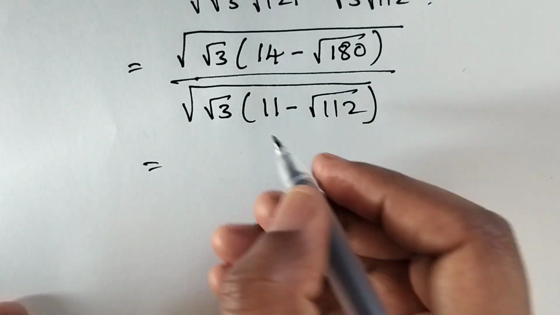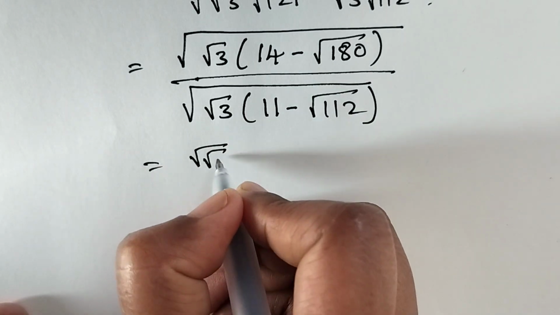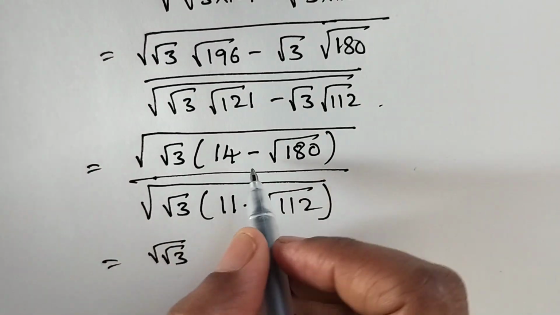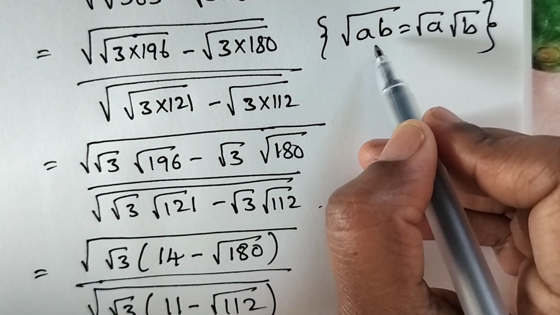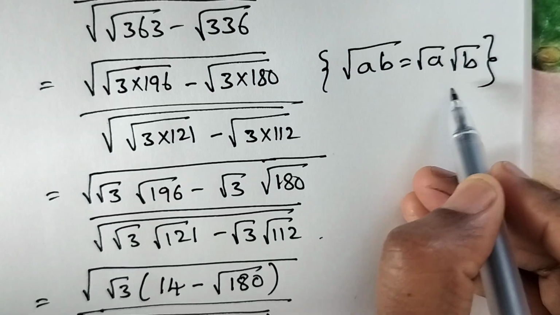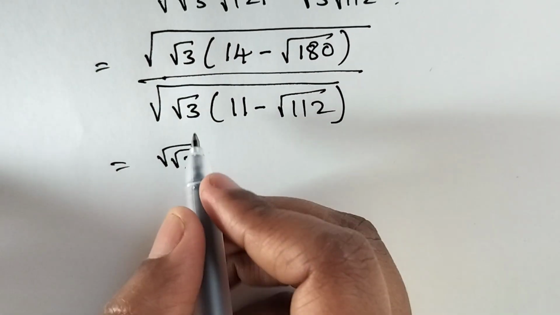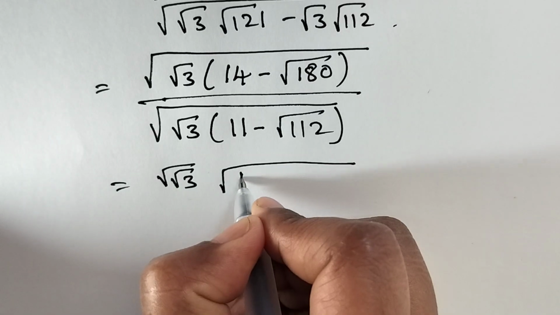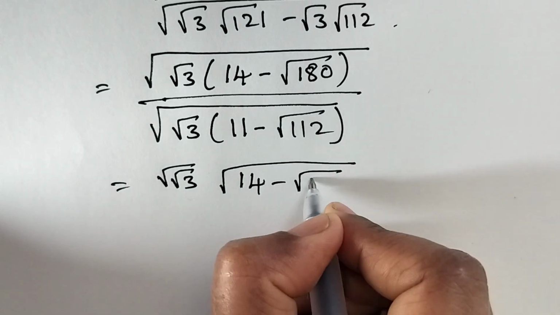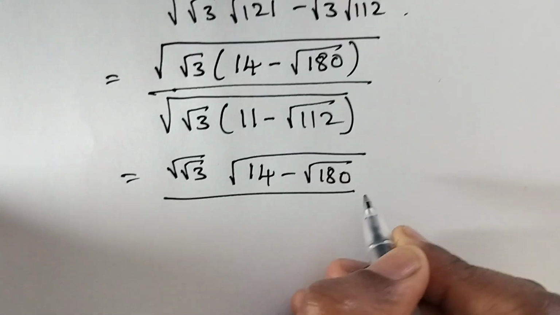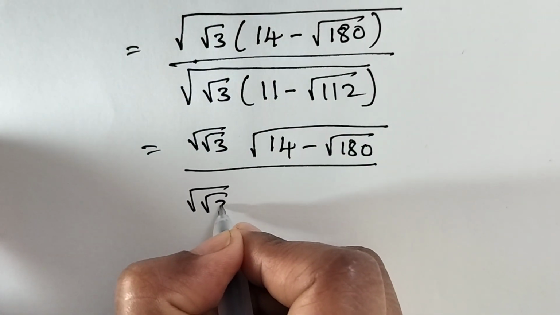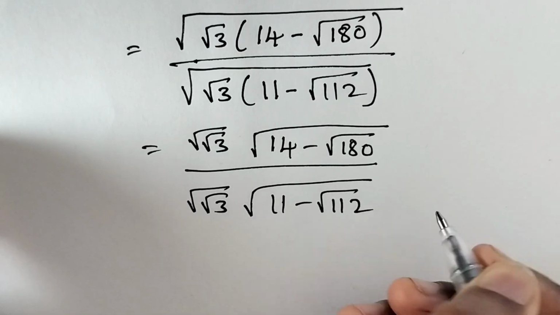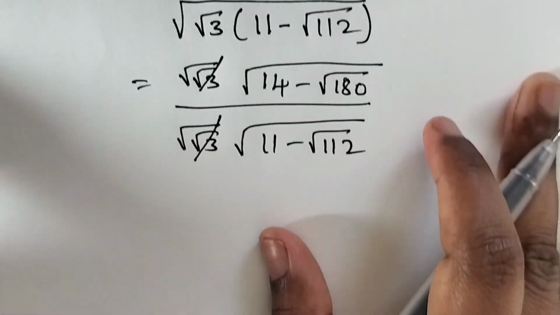So now this is in the form of the square root of a times b, so we use this formula. We can write the square root of 3 times 14 minus the square root of 180, divided by the square root of 3 times 11 minus the square root of 112. So these both get cancelled.